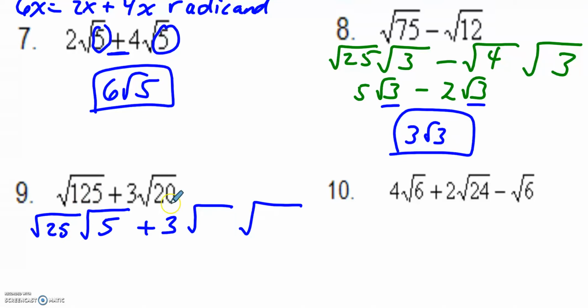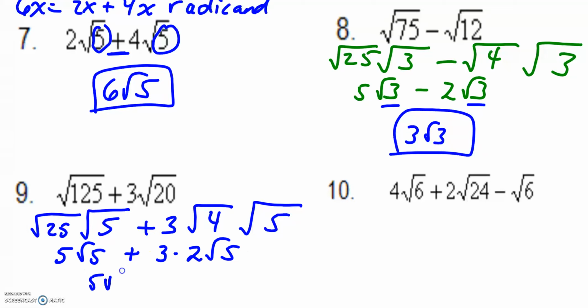And if I think about 20, the perfect square of 4 goes in, 4 times 5. So this reduces to 5 root 5 plus, the 3 is multiplying, so it's 3 times 2 root 5. So we have 5 root 5 plus 6 root 5. So my answer is 11 root 5s.